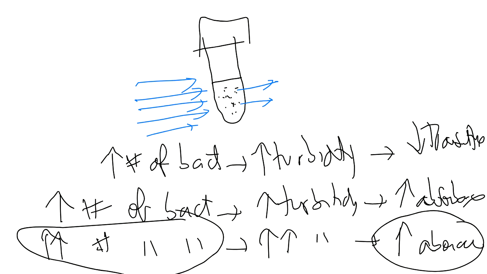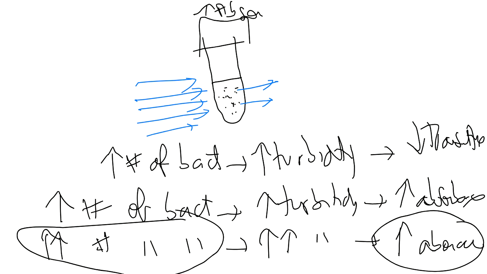Yes, you can do it, of course, it's the same, but it is easier for our brains to correlate something that does not have an inverse relationship. This is a direct relationship. The more bacteria, the higher the absorbance. That's easier for our brains to deal with than to say the more bacteria, the less the absorbance. That's why we measure absorbance, but this is exactly the same. So here we're going to have high absorbance.